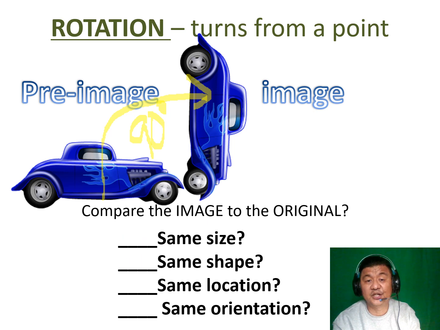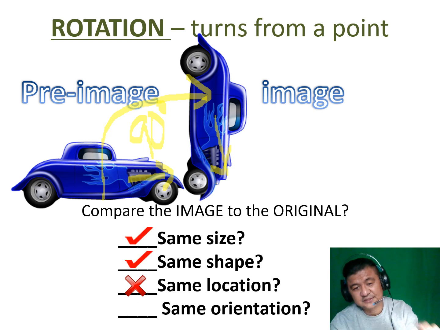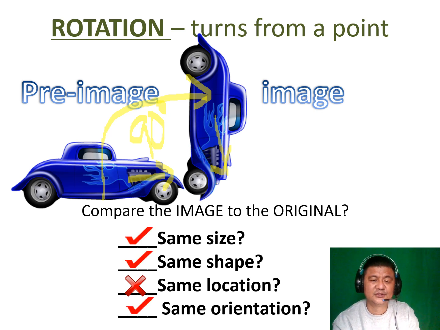The location, not in the same location. How about the orientation? Look at this. Facing that way, facing that way. Is it preserved? Yes, it is preserved. So in rotation, the size, the shape, and the orientation are preserved. Those three, remember that.